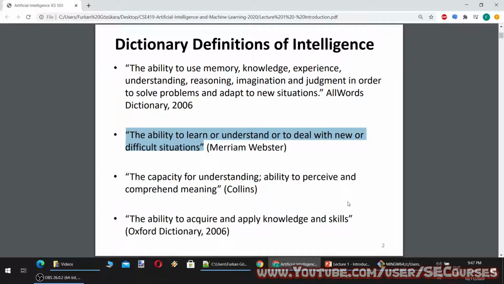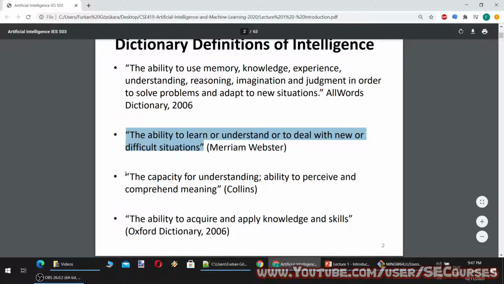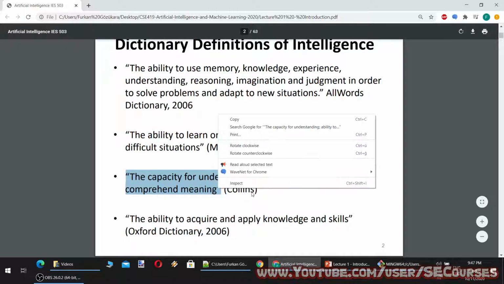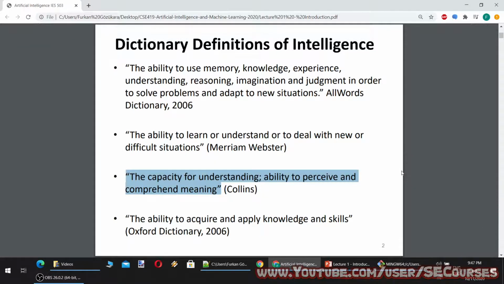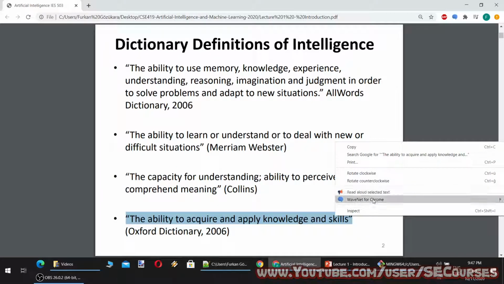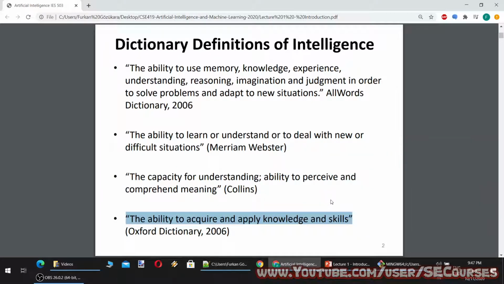The ability to learn or understand or to deal with new or difficult situations. The capacity for understanding. Ability to perceive and comprehend meaning. The ability to acquire and apply knowledge and skills. Okay, as you can see, there are 4 main descriptions of intelligence.